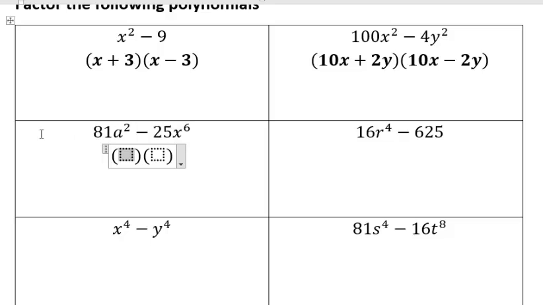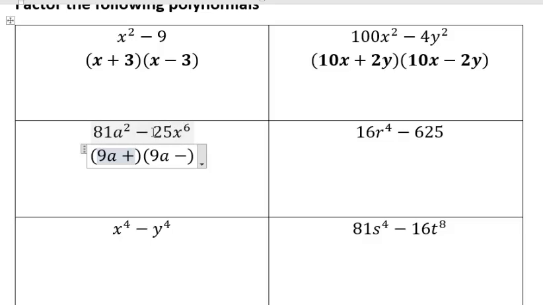Square root of 81 is 9. Square root of a squared is just a. Okay, now square root of 25. Remember, we need to put this in both cases with plus and with minus, right? So now I need to get the square roots of this.